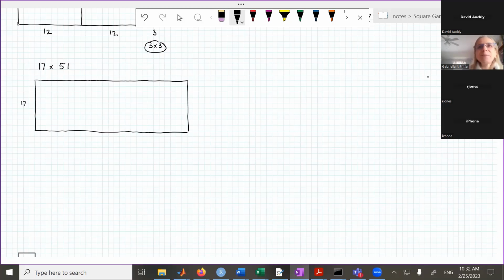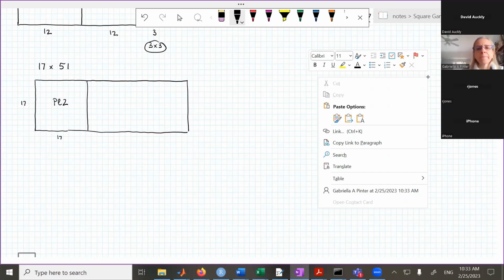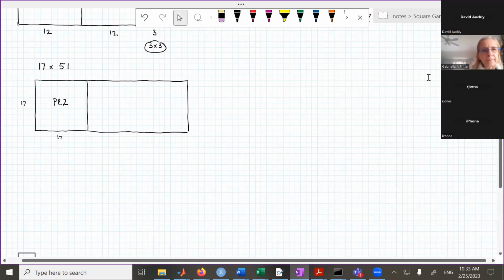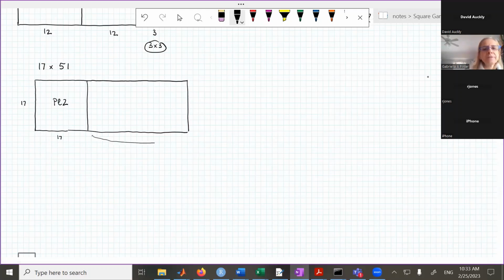What's the largest square? 17 by 17, right? So this is the 17 by 17 square that player 2 will draw in. It's player 1's turn. How much is left here on the length?